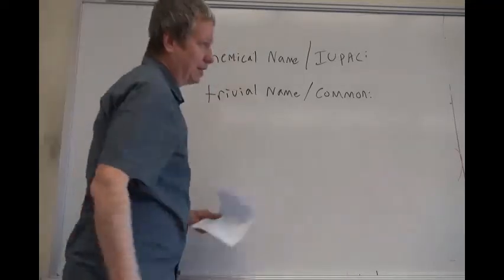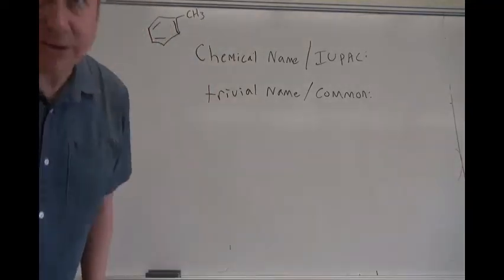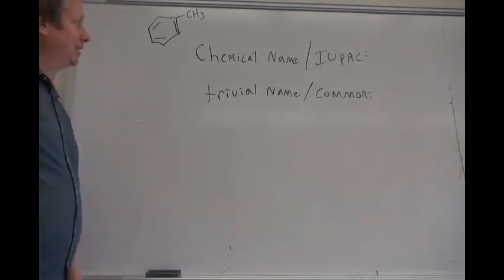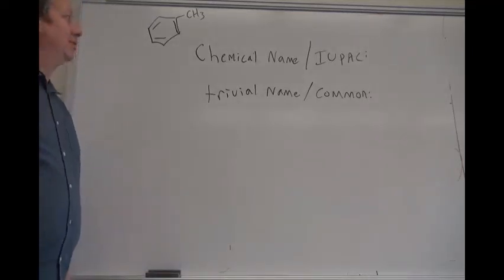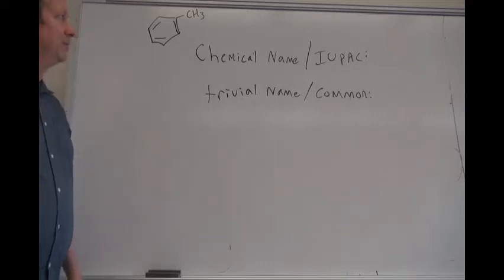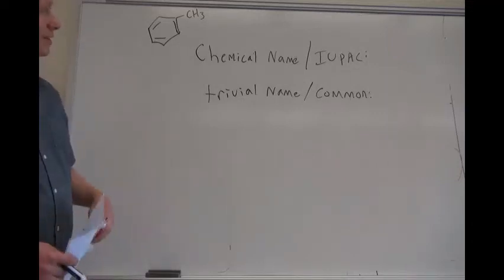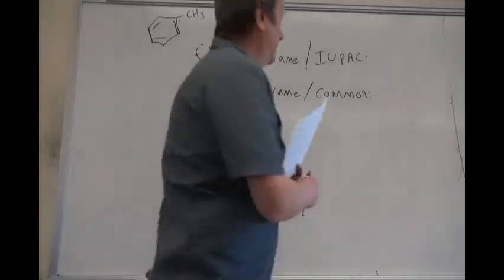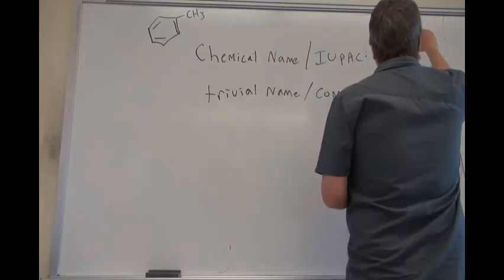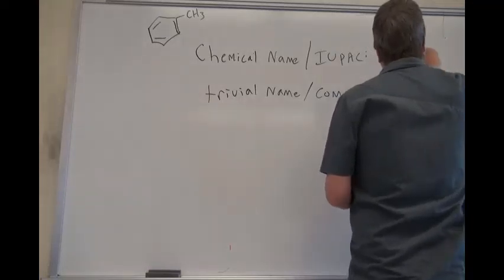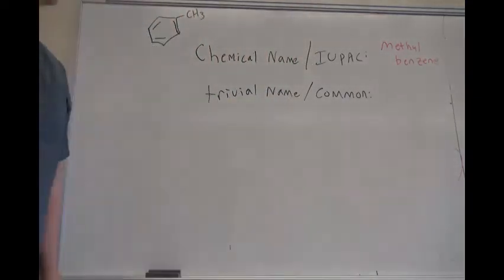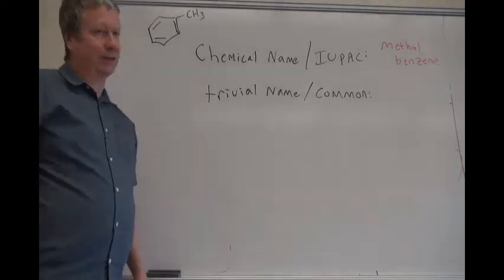So this is not a drug. We have a couple names for that molecule, right? But this shows the difference between a chemical name or IUPAC versus a common name. So what's the IUPAC name of this? It's a methyl on a benzene, so you call it methylbenzene, right? That would be a systematic name. We start with the benzene, we have a methyl on it, it's called methylbenzene.